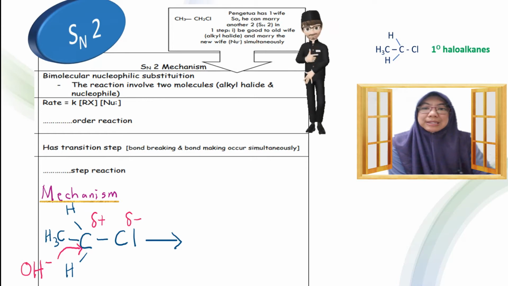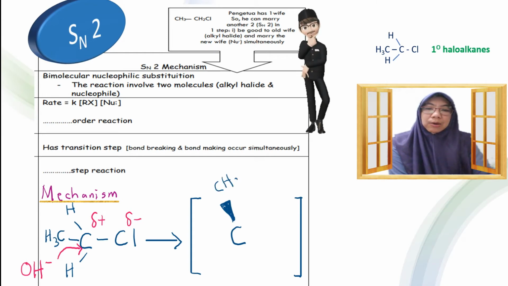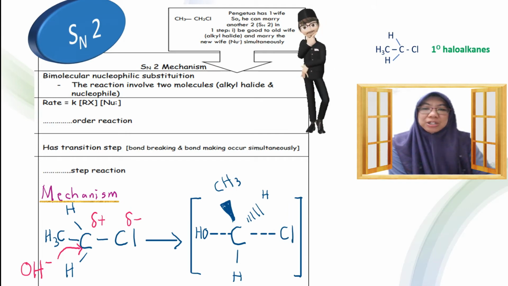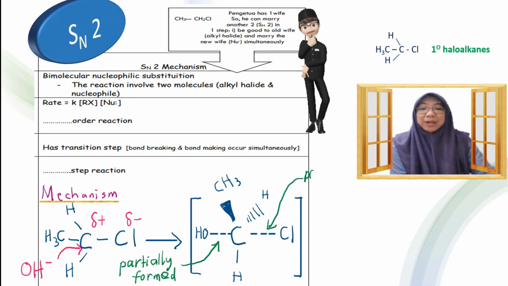This is the transition step in the SN2 mechanism, where both reactions occur simultaneously. So this is the haloalkane. We can see that in the transition step, the carbon-OH bond is partially formed, and at the same time the carbon-chlorine bond is partially broken. In this SN2 reaction, two molecules are involved, the halide and the nucleophile.